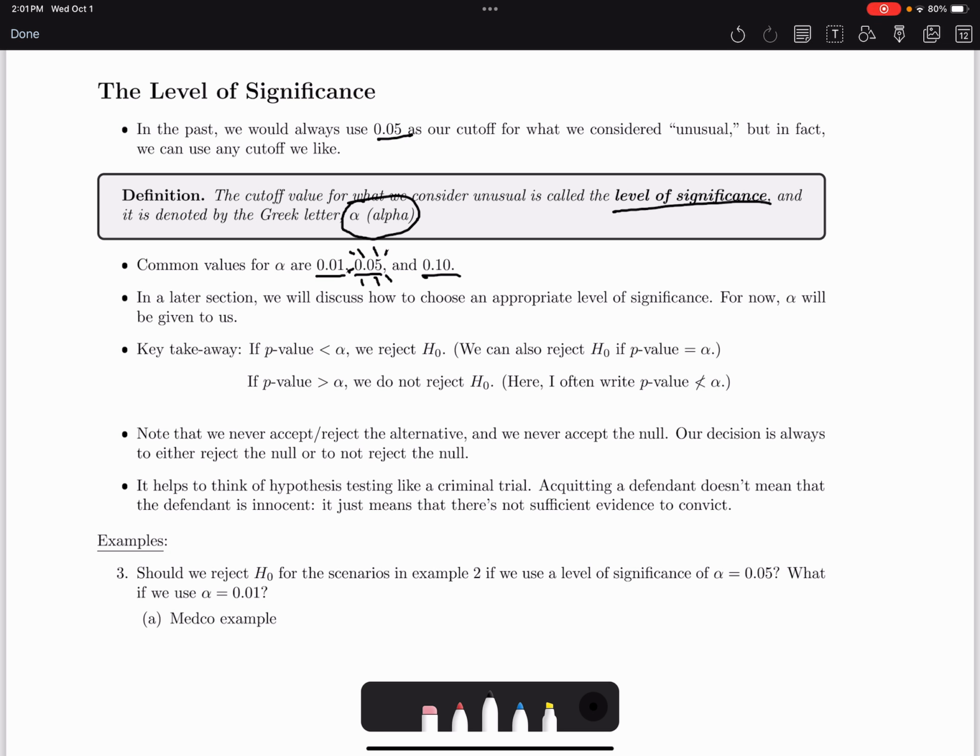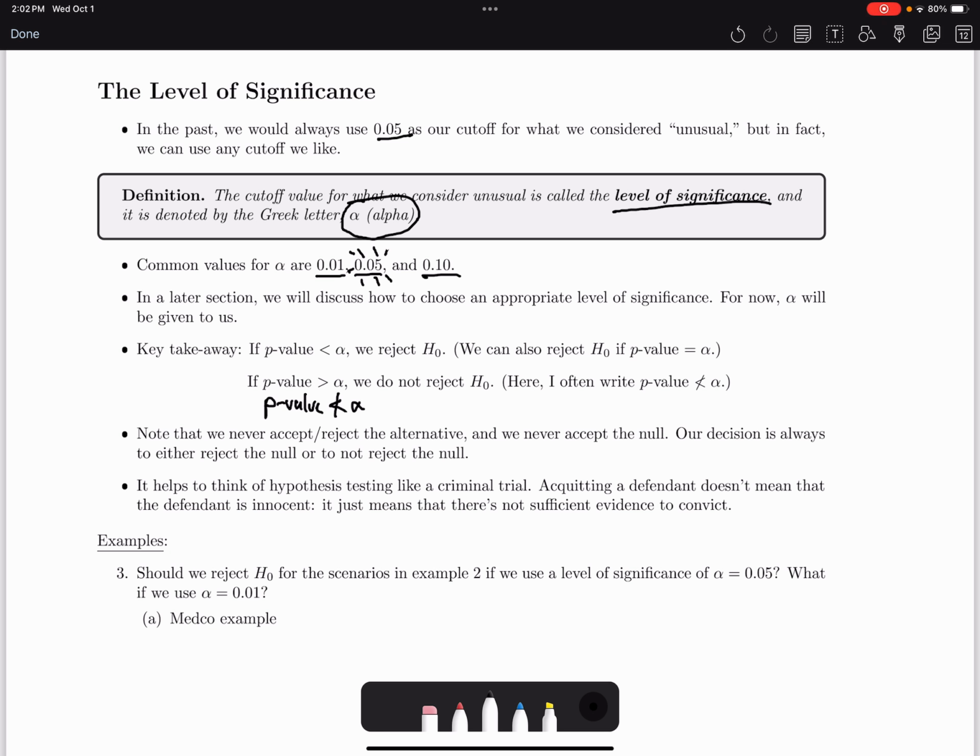But I'm usually going to write this a little bit differently. If the p-value is less than alpha, then we do reject the null. If the p-value is not less than alpha, then we do not reject the null. I know that's a little bit confusing at first, but you'll see why I prefer to do that. It'll become second nature to you, I promise.